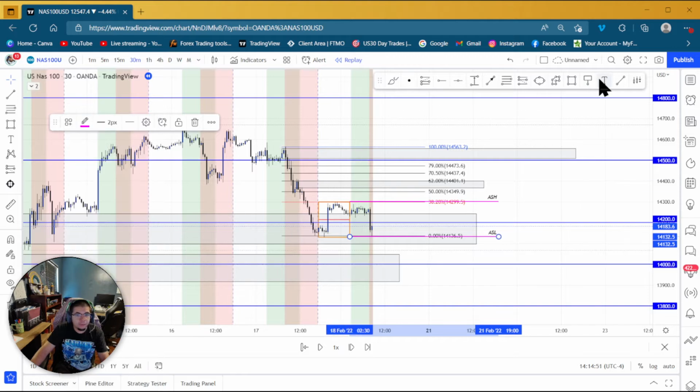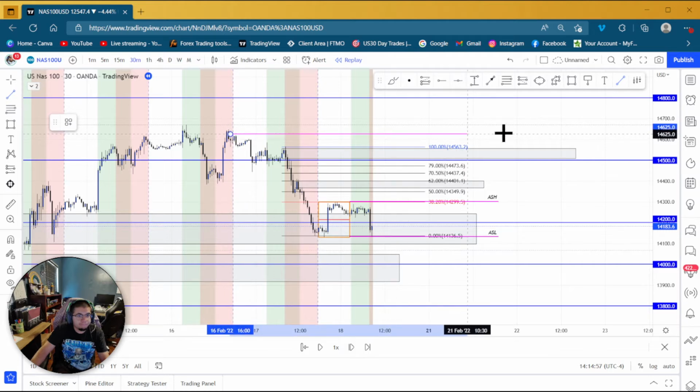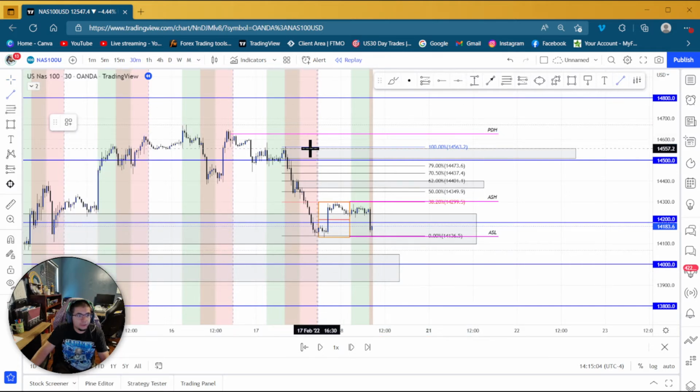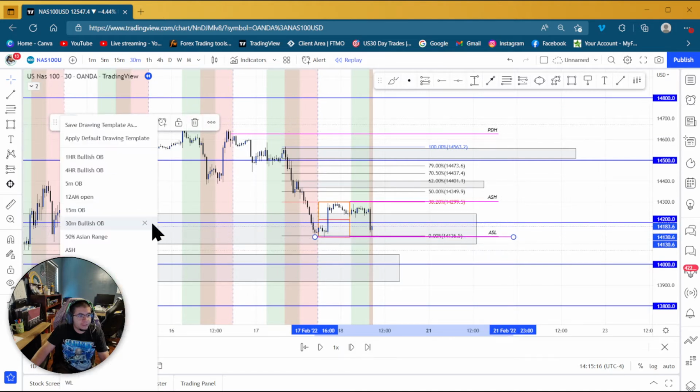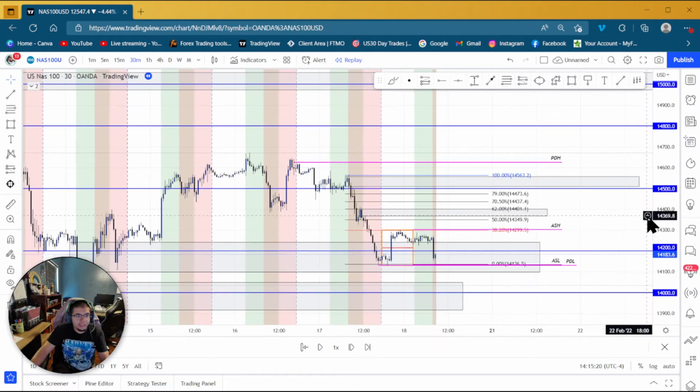Asian session low, previous day high, which would be right here. Previous day low, which it's right now at. Call this PDL. And then we have our weekly highs, weekly lows.